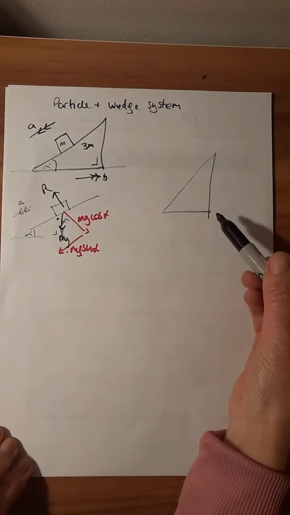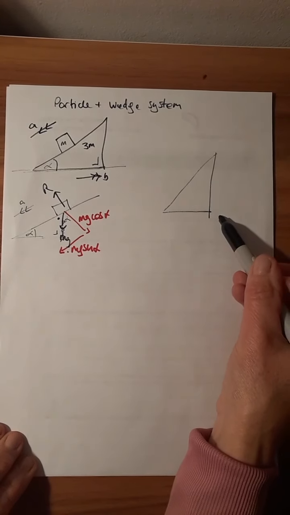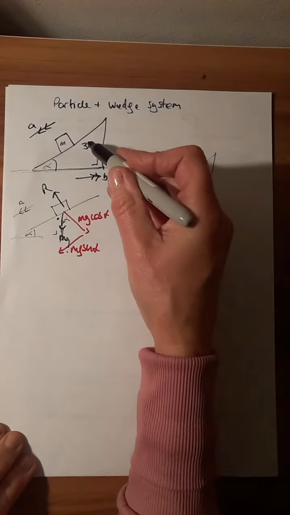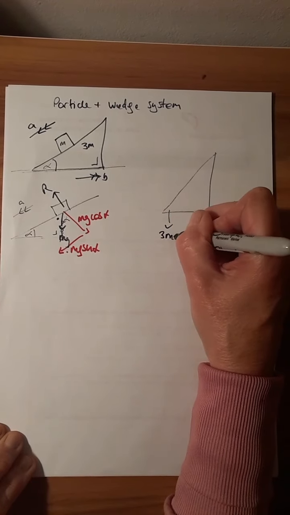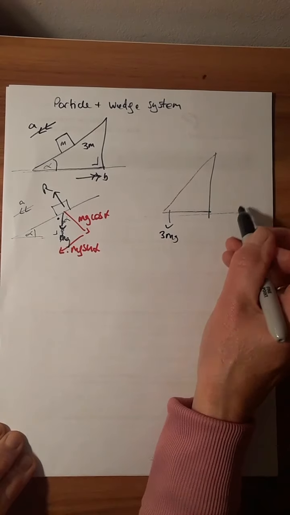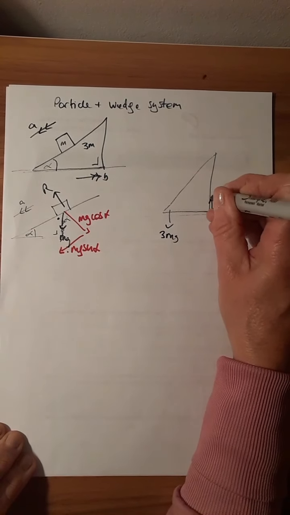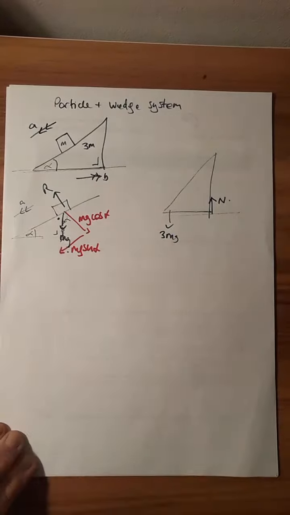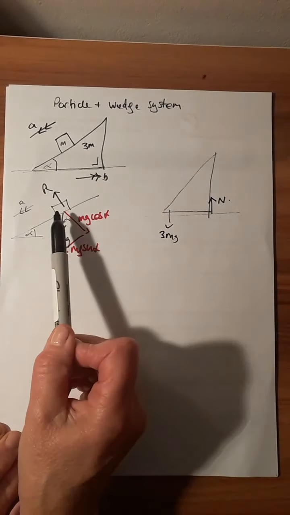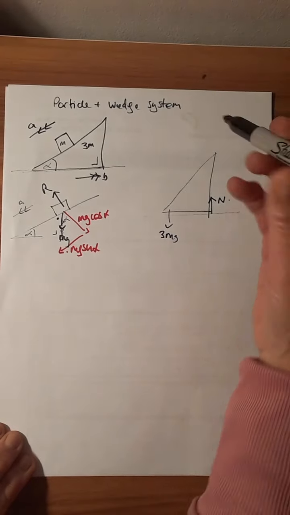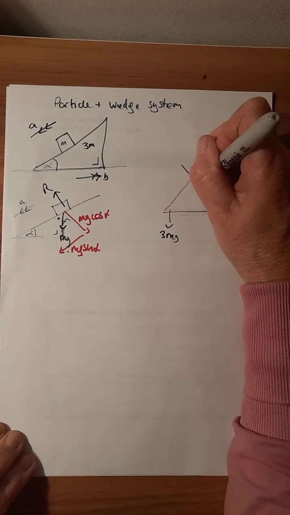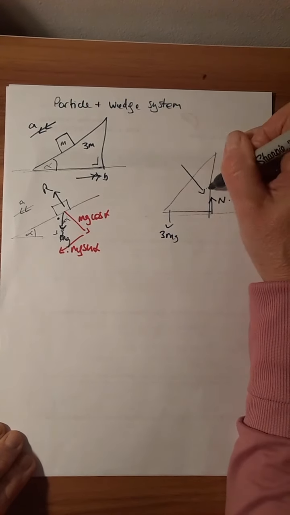Now, then I go over to the wedge and have a look at the forces I'm interested in here. Of course, I've got a 3mg weight force, which I want. It is on a surface, so there will be a reaction to the plane, I might call that n. And then the particle, so the reaction here to the particle is from the wedge, and the same reaction will act towards the wedge, like that.